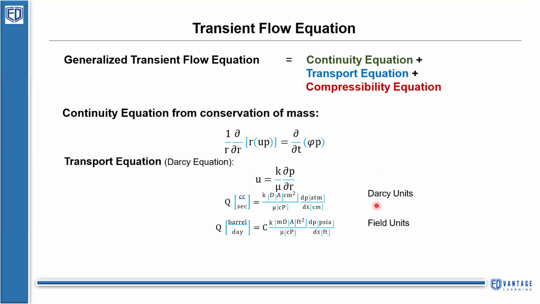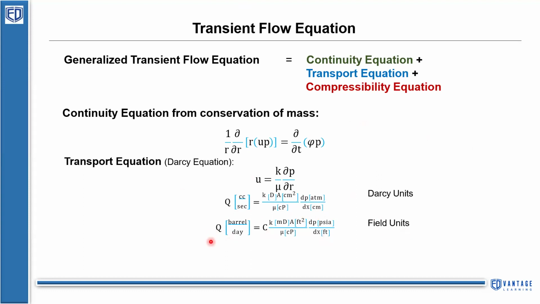So if you look at Darcy units as well as field units, this Q in cc per second, the centimeter cube per second, will be KA by mu dP by dx. So K is in Darcy, A is in centimeter square, and mu is in centipoise. dP, the pressure drop, in atmosphere, and dx in centimeter, the pressure drop across the entire reservoir.